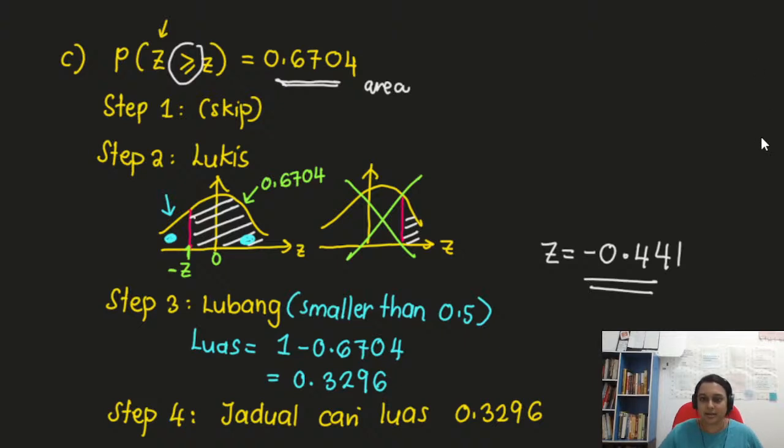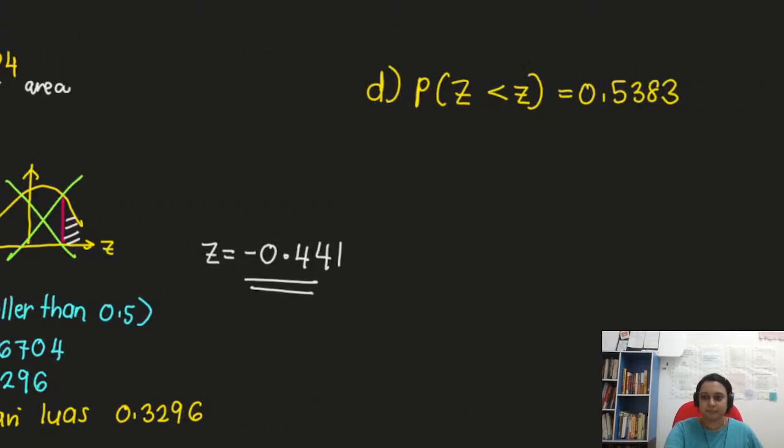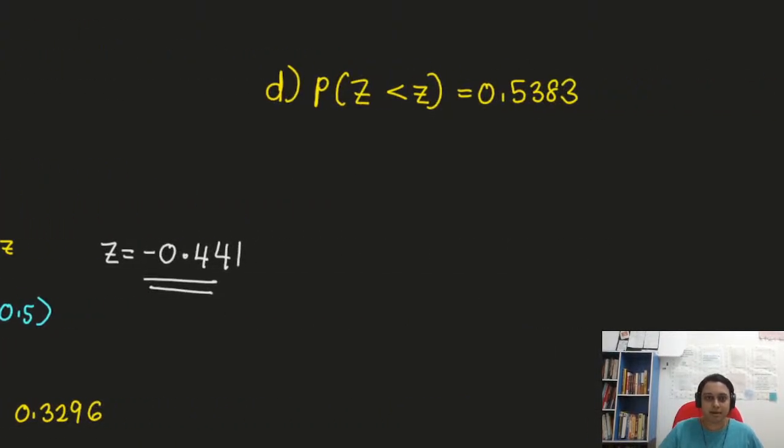Teacher write the soalan dekat sini. Z lebih kecil daripada Z 0.5383. Okay. Step 1 boleh skip, isn't it? No need to do lah because it's already Z. Sudah already bentuk Z. Okay, step 2 kita lukis.